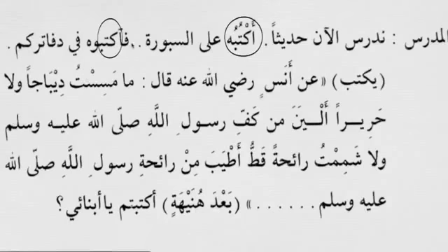So we know the fa comes because it is connected to the previous thing. I'm writing on the board. Therefore, uktubu. So kataba yaktubu. Uktubu is giving command. So uktub is a fa'il and wow is the fa'il which represents antum. So all of you write, and who is maf'ulun bihi. All of you write it fi dafatirikum, in your notebooks.